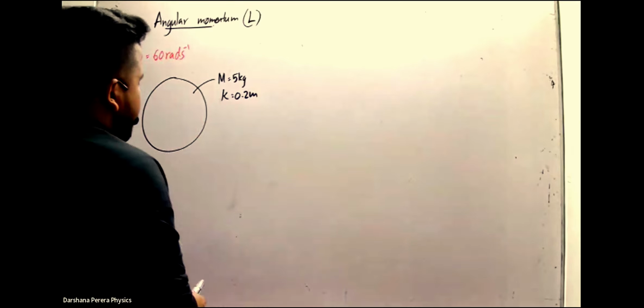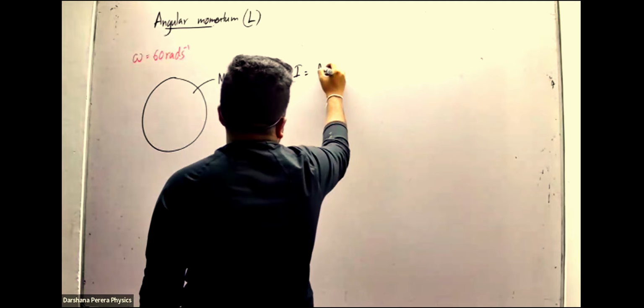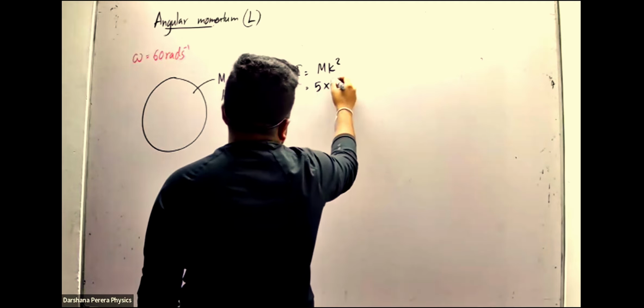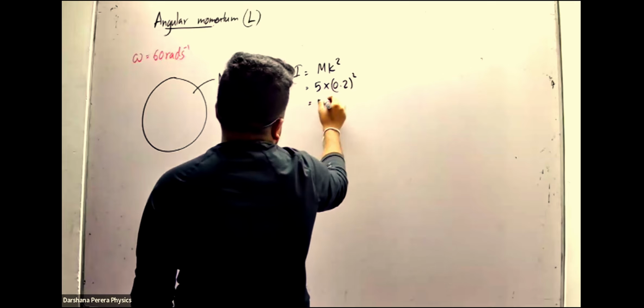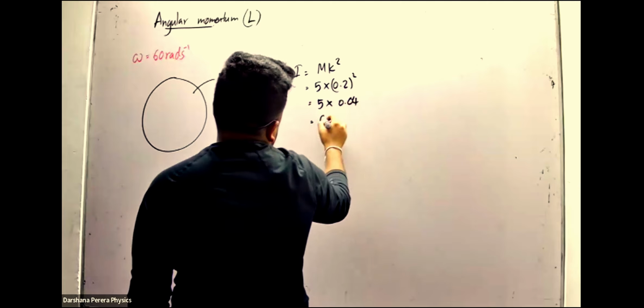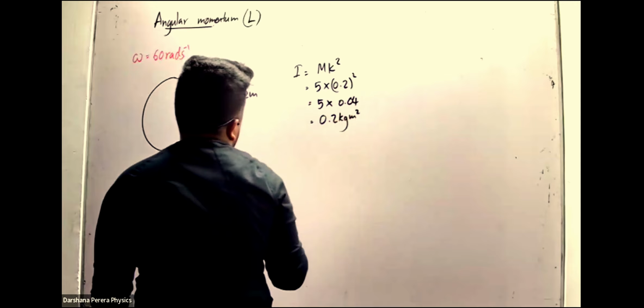With the radius of gyration, we can simply find I equals m k square. M is 5, into 0.2 square, that means 5 into 0.04, that means 0.2 kg m square.